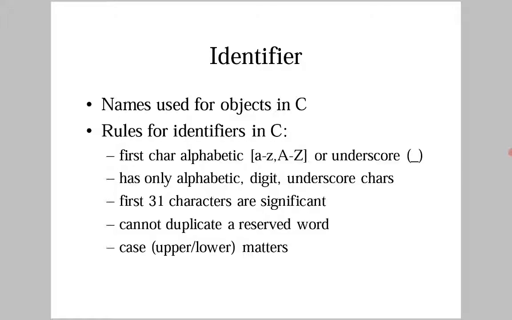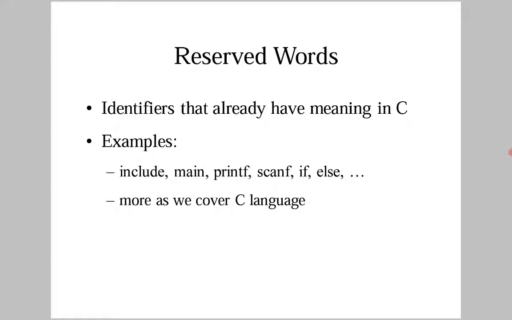Identifiers are names used for objects in C. So what are the rules for identifiers? Every variable should start with a character, and the maximum size is 31 characters. So what are reserved words?